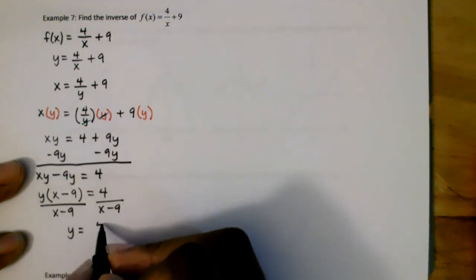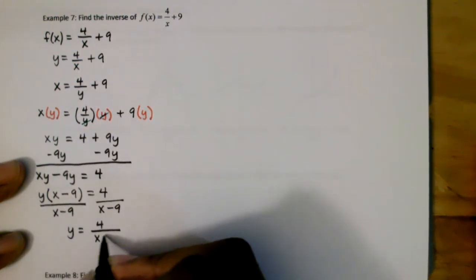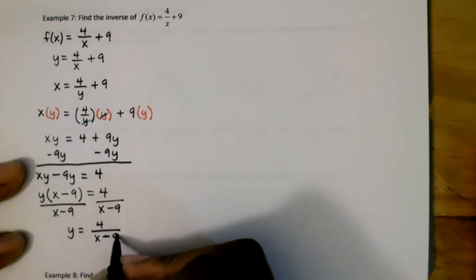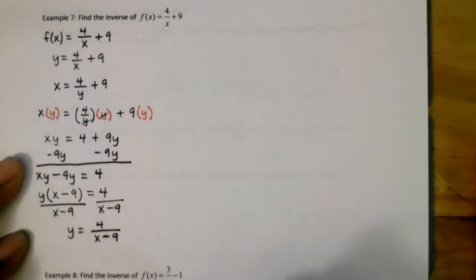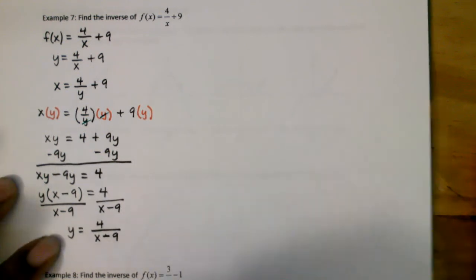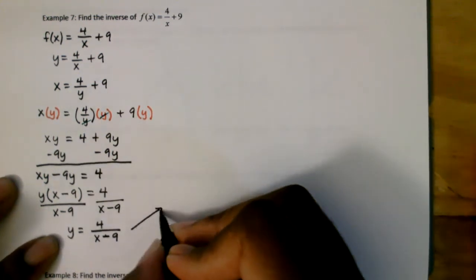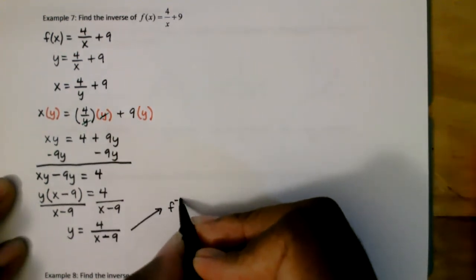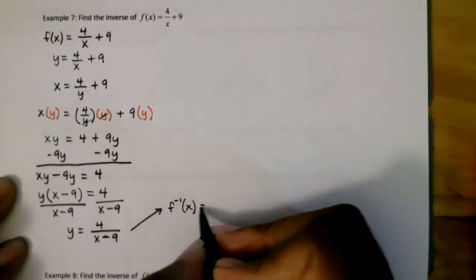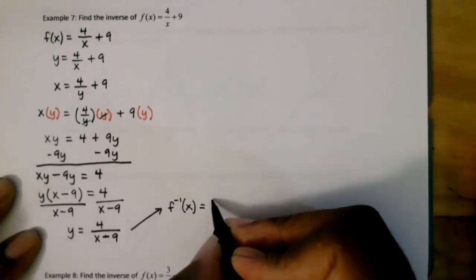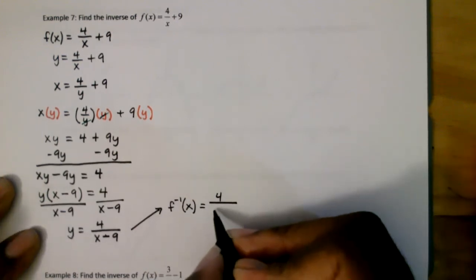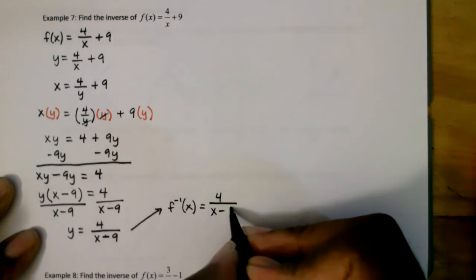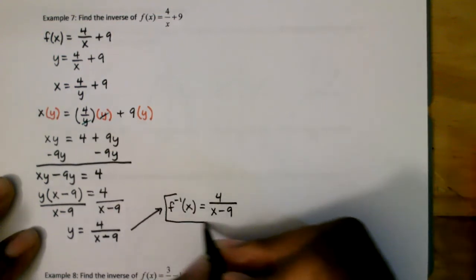So y is equal to 4 divided by x minus 9. Then the final step: I replace that y with the notation f inverse of x. So f inverse of x will be 4 divided by x minus 9.